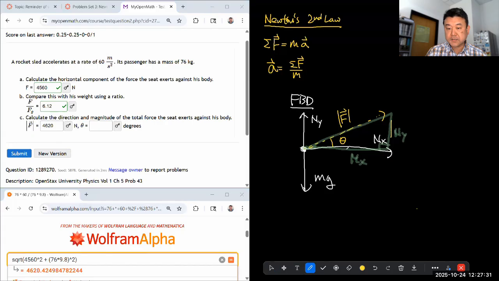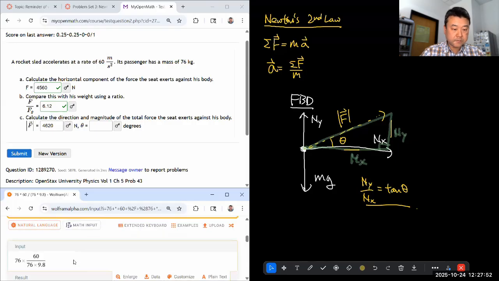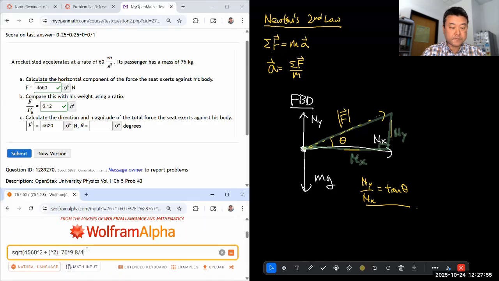And the angle. For the angle, the expression that I like the best is one that says this is the opposite side, this is the adjacent side. The opposite over adjacent gives us tangent theta. And I like to take a pause here. Let me first write this out: the opposite over the adjacent, 4560. So that gives us tangent theta.